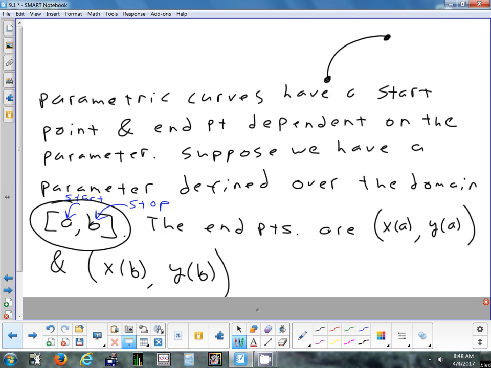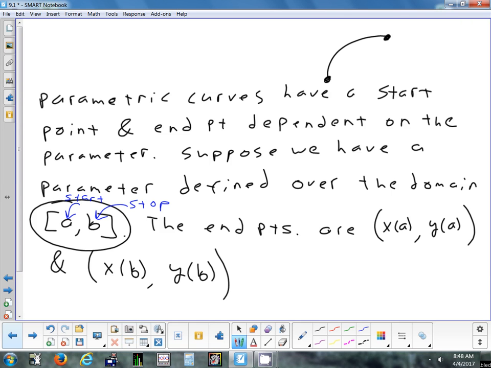Okay, so 4 calculations altogether to figure out where a curve starts and stops. You plug A into the x and y formula, and then plug b into the x and into the y formula. Okay, and then you just calculate the number. Okay, it's usually a pretty straightforward calculation. Okay, we're going to do an example of that right now.